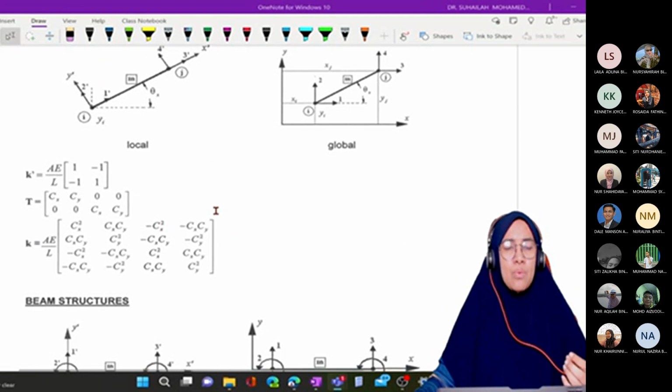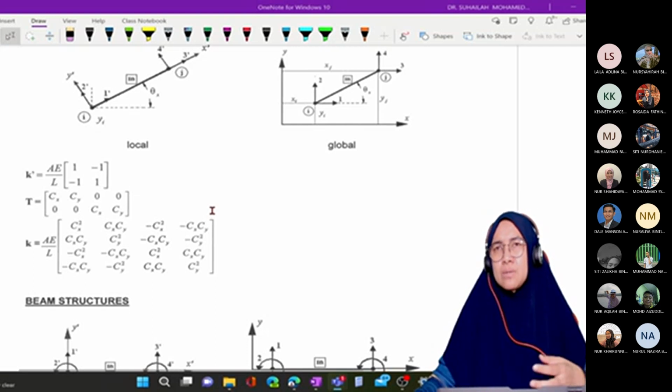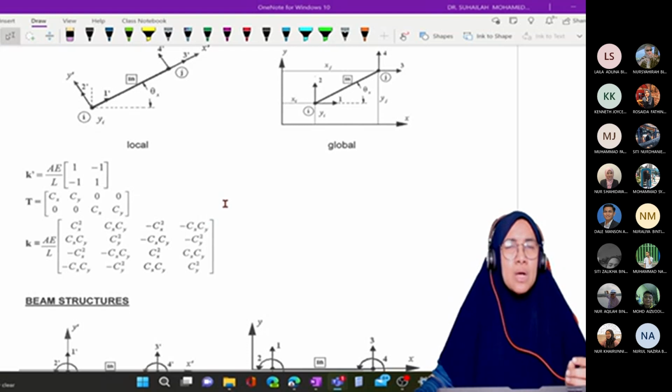Another thing is, when we calculate Cx and Cy, we have to put the arrow. The arrow is very important for us to identify which node is the near end node and which is the far end node. Anyway, we can put the arrow in any direction that we like.